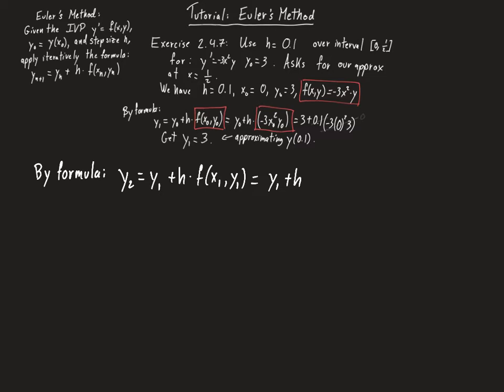So this is equal to y1 plus h times negative 3 x1 squared times y1. All right, our x1 is 0.1.